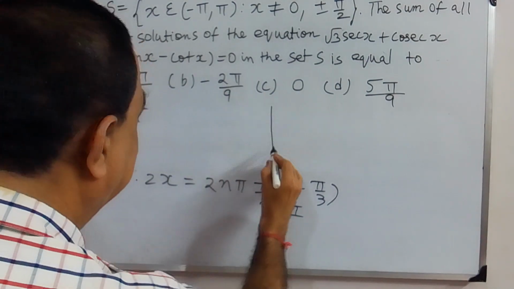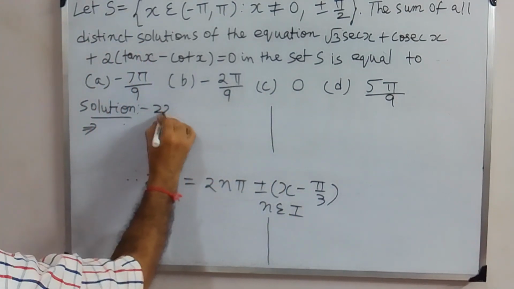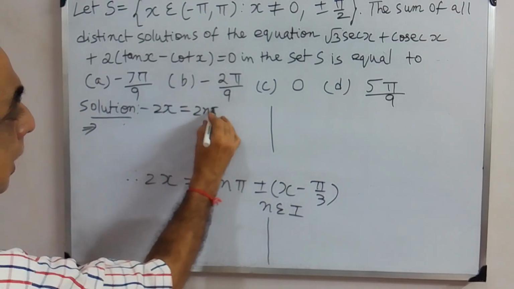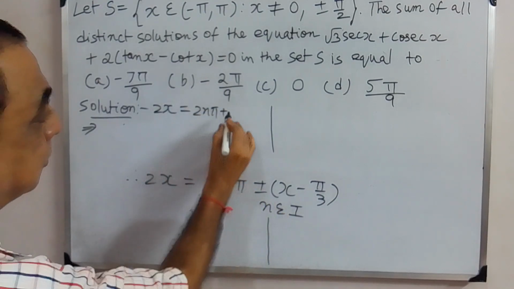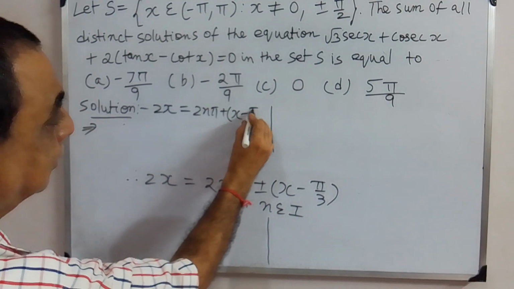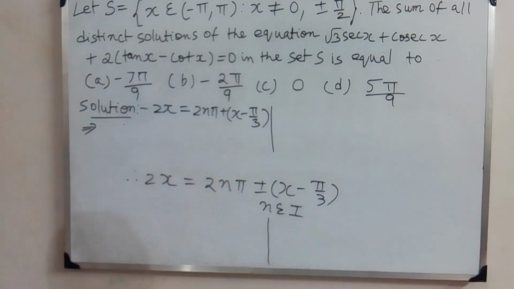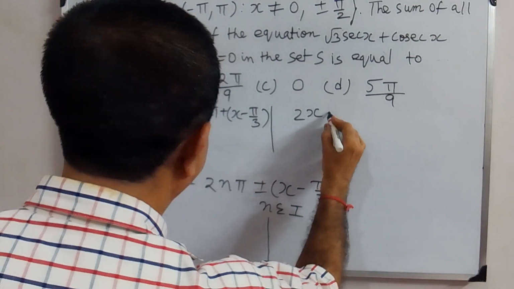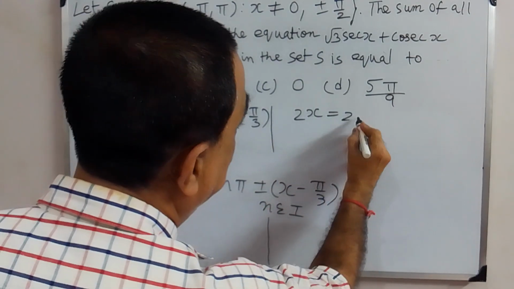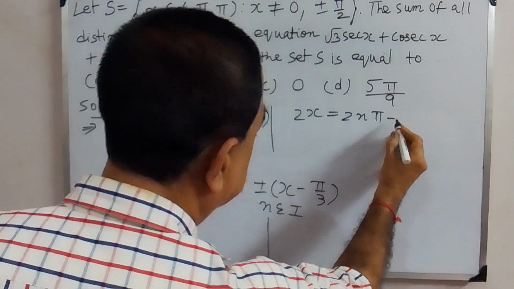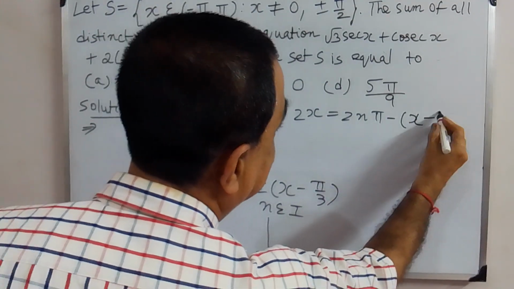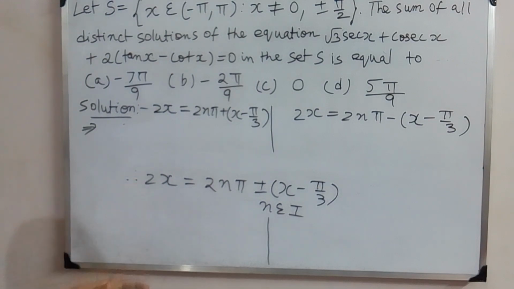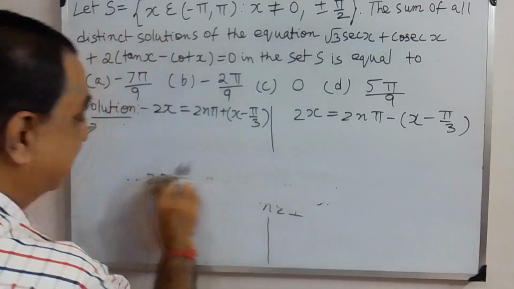First equation, I am having 2x is equal to 2 n pi plus x minus pi by 3. And the other equation, I am having 2x is equal to 2 n pi minus x minus pi by 3. So from these two equations we will have different values of x.